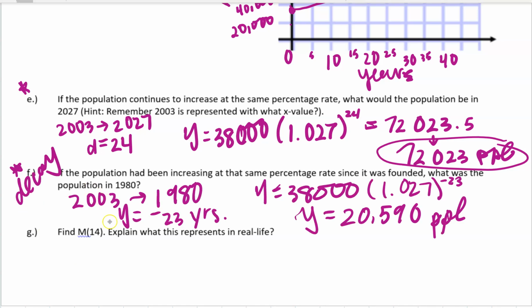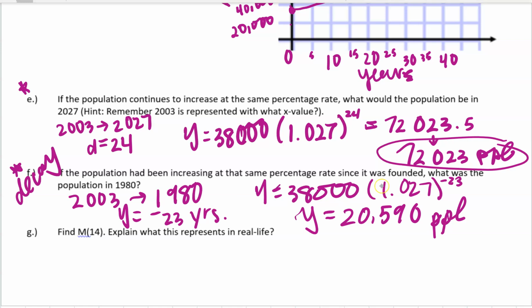All right, so for F, you're going from 2003 and you're trying to find the population in 1980, which is actually representing decay. When you do your subtraction, you find you're going backwards 23 years, so it has to be negative. You're trying to find the original amount.